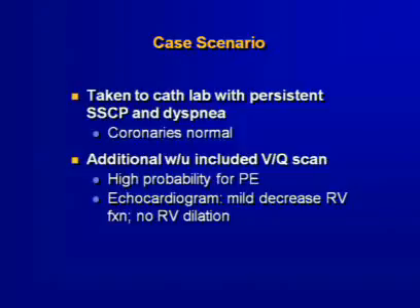The echocardiogram shows a mild decrease in RV function but no RV dilatation. She's, as I told you, hemodynamically stable. We're not going to act on that troponin now. There's no evidence that treating with fibrinolytic therapy based on a positive troponin or other therapies are going to improve her outcome. We do know that having a positive troponin in the setting of PE, like any or many positive troponins, is associated with worse outcomes.